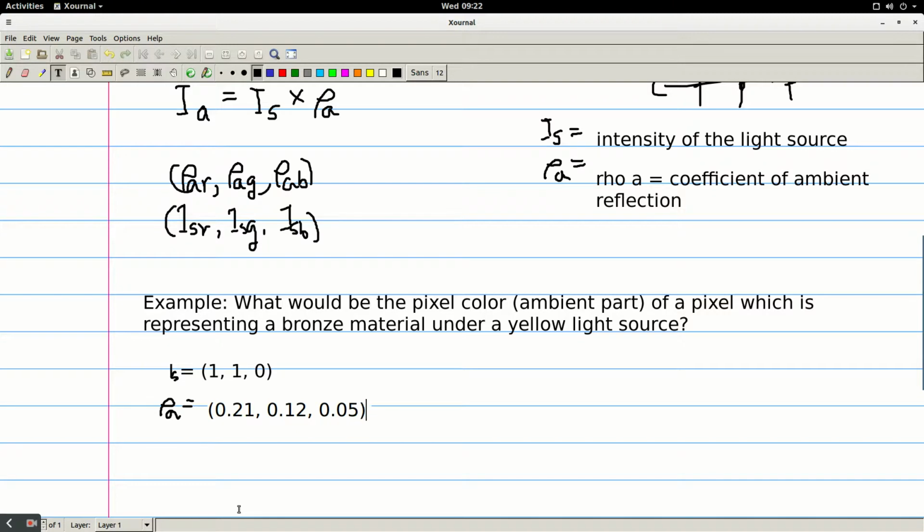Now you're going to find the ambient component. That will mean the intensity of the ambient light part is going to be 1 times 0.21, 1 times 0.12, and 0 times 0.054, so that's going to be 0. And if you multiply with 1, this is what you get.